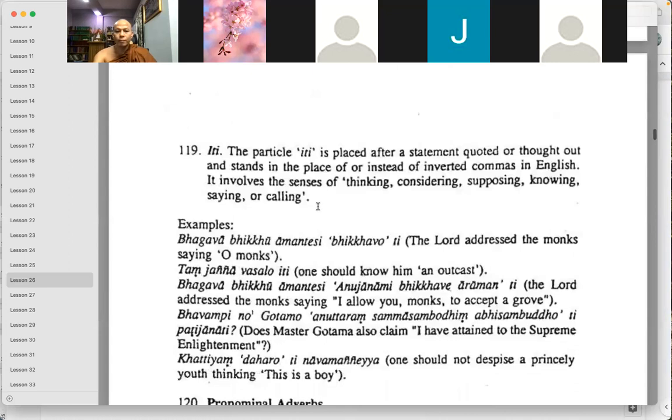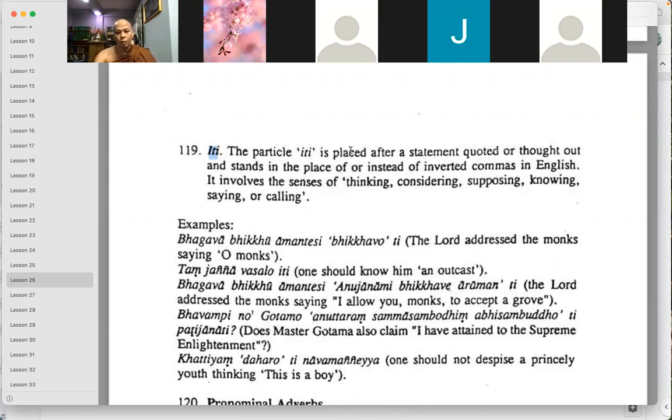And then, now iti. Iti is actually a kind of particle, the particle iti. It is the same as the quotation mark in English.